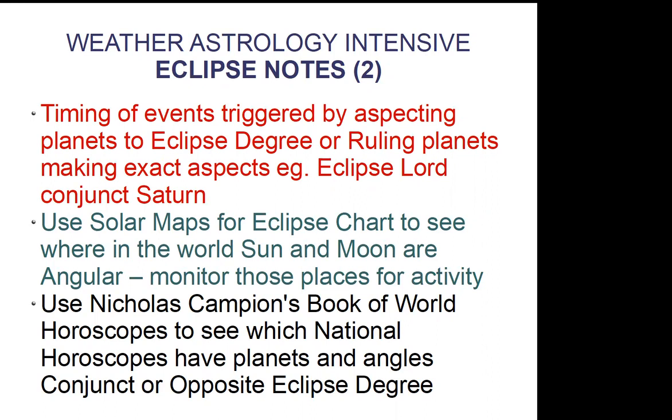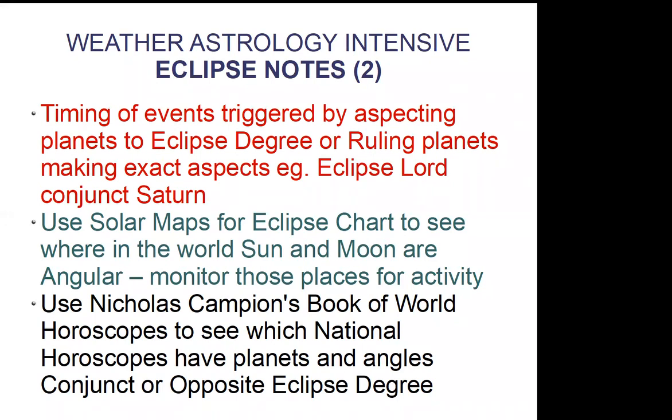But if Mars is sitting within a degree or 2 of that new moon conjunction, then Mars becomes the eclipse lord. Or you can consider that Jupiter and Mars are the eclipse lord. That's just how it works with eclipses.